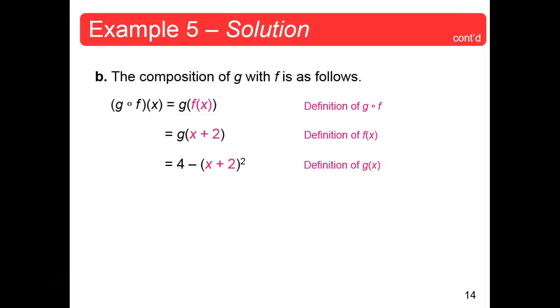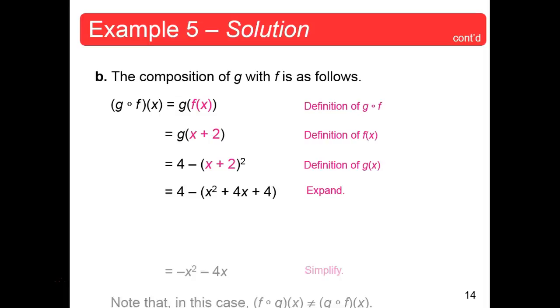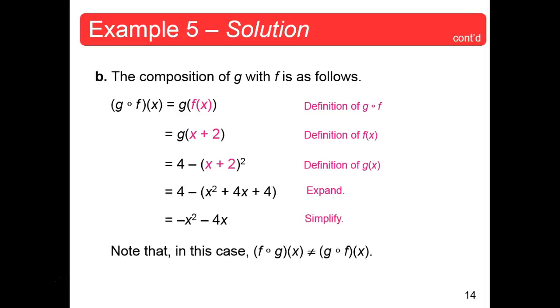And that's exactly what we do. And then we multiply that out. They call it expanding it, but I say it's squaring a binomial. Okay, and then you distribute the minus sign across the parentheses and simplify, and you get minus x squared minus 4x.